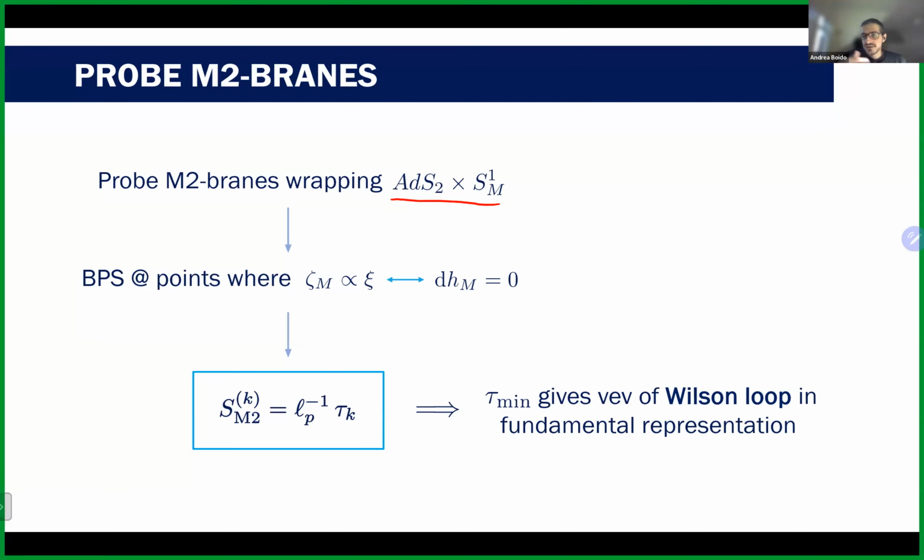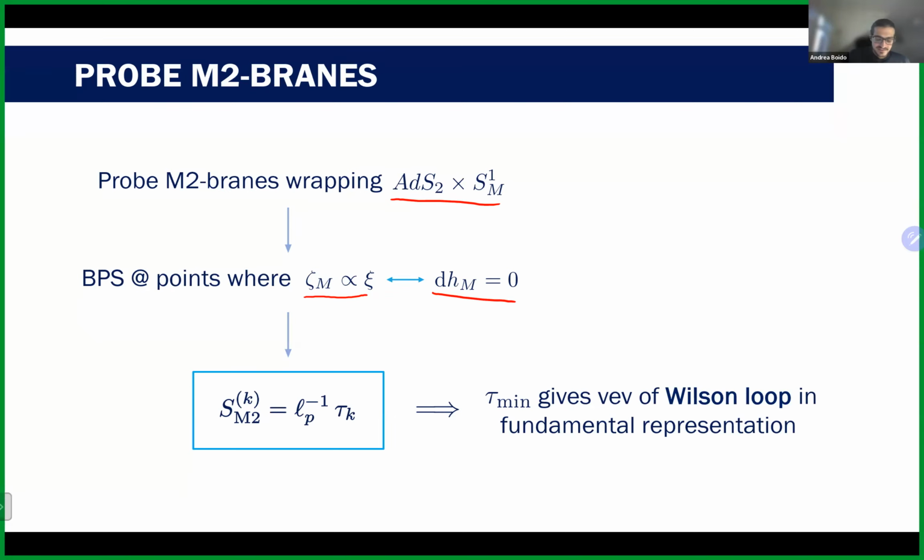You can study the BPS condition of these branes, and we did that. It turns out that these are BPS precisely at the points where zeta, m and psi are aligned, which, if you remember, is the same as the critical points of the moment map. And you can see that the classical action of these M2 branes, where k labels the kth locus where these are BPS, will match precisely with tau k, up to the Planck length.